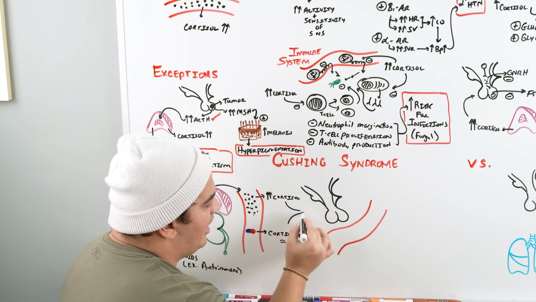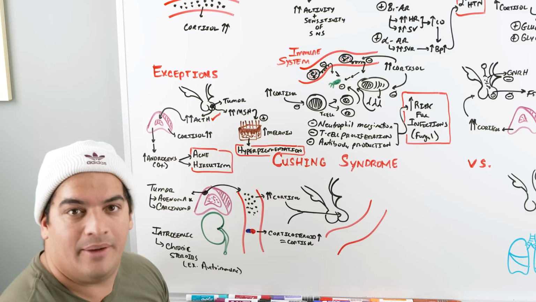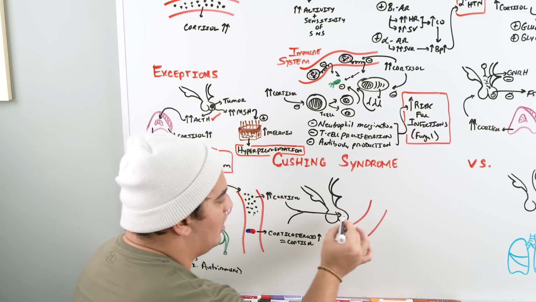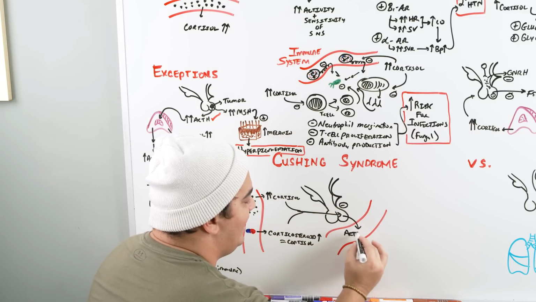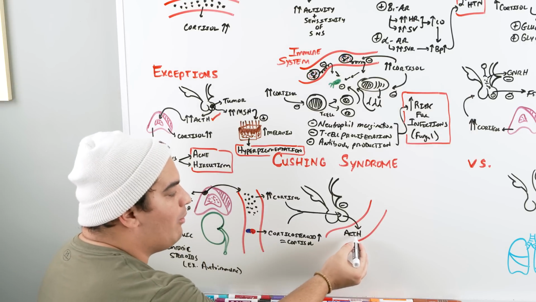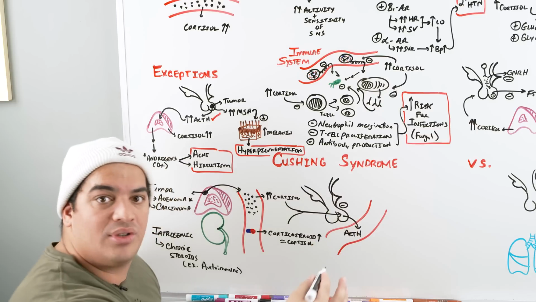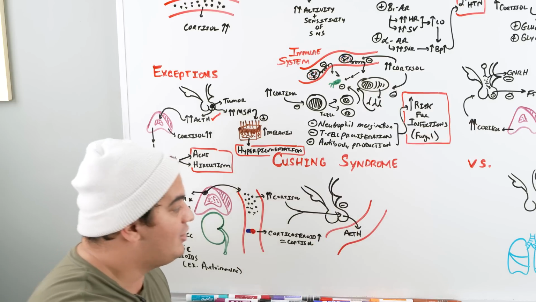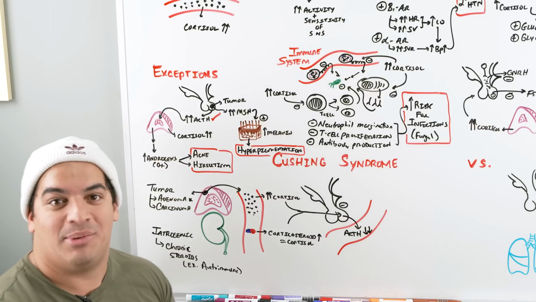These tend to have a very strong negative feedback effect on the pituitary. So whenever you have high cortisol levels, you should tell the pituitary, hey buddy, stop producing ACTH. The cortisol levels are already high. We don't need you to make more ACTH so that you can tell the adrenal cortex to make more cortisol. Stop making ACTH. And so what should happen is you should suppress the ACTH production.